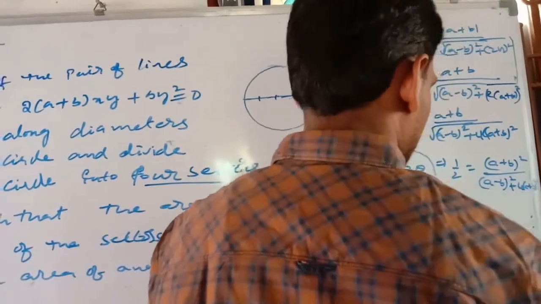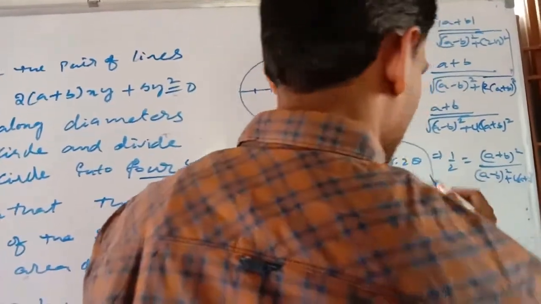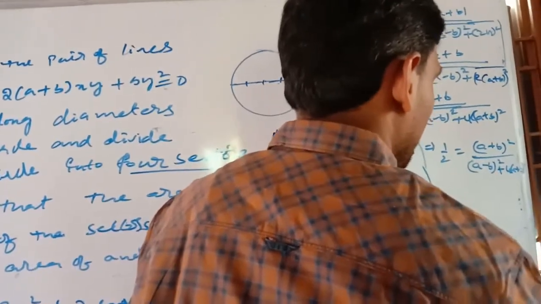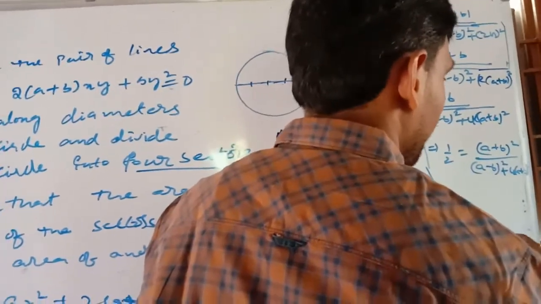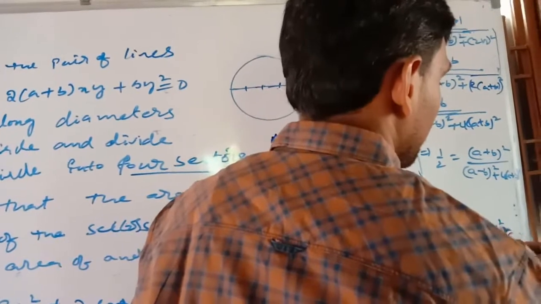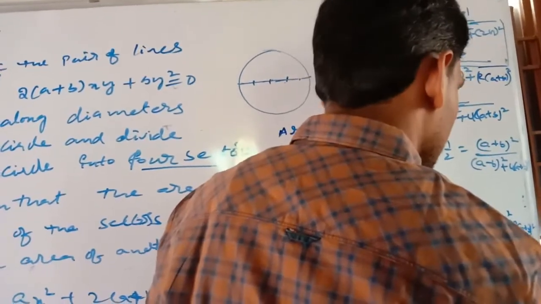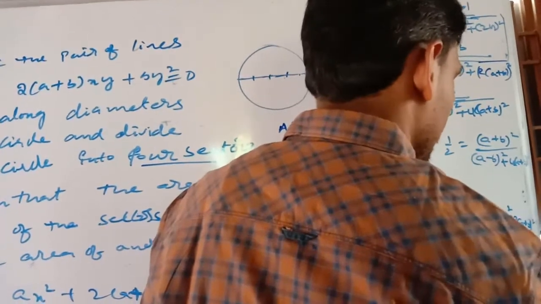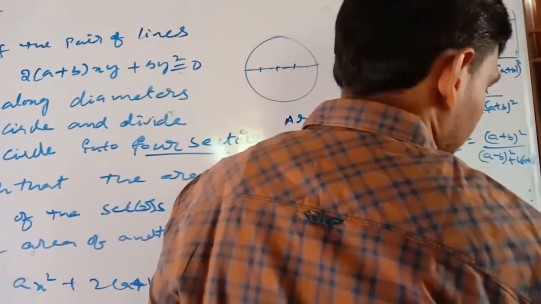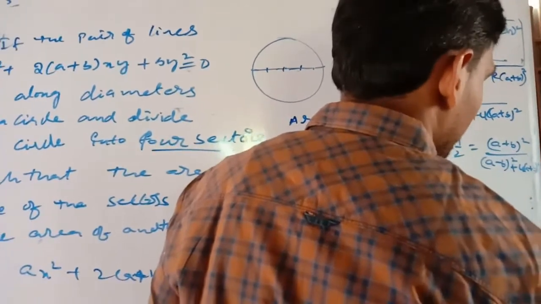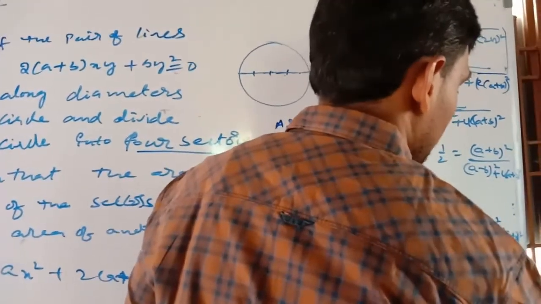Now cross multiplication applying: (a minus b) whole square plus 4 into (a plus b) whole square is equal to 2 into (a plus b) whole square, and this is (a minus b) whole square plus 4(a plus b) whole square minus 2(a plus b) whole square, meaning plus 2(a plus b) whole square, is equal to 0.